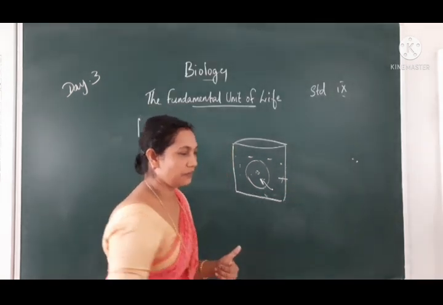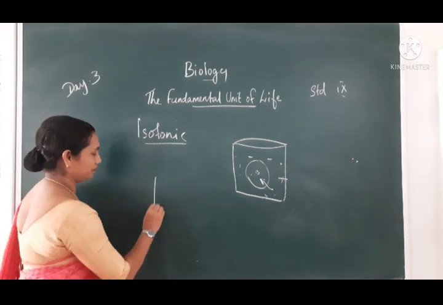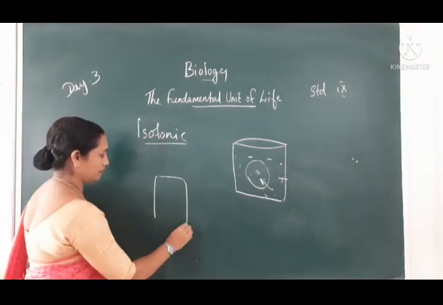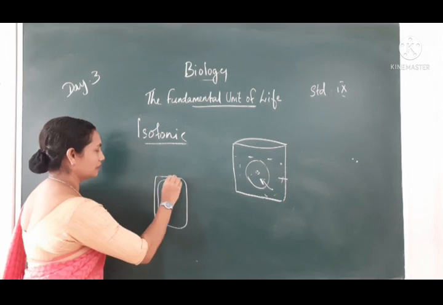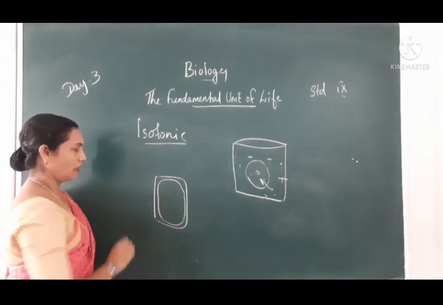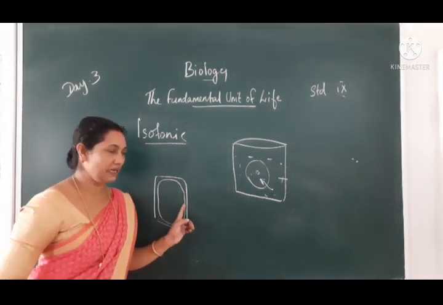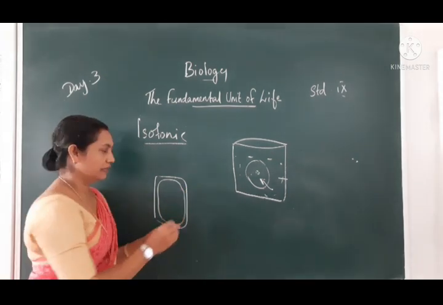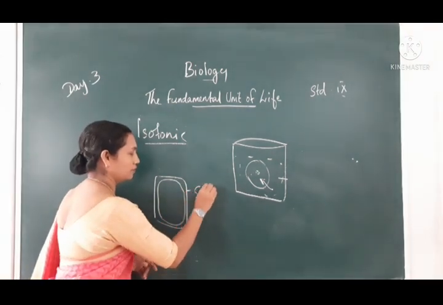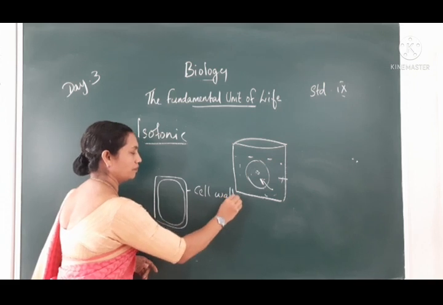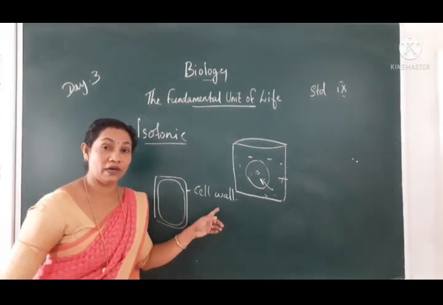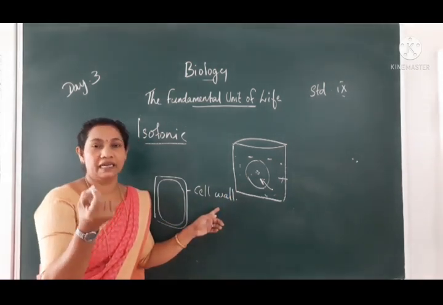In the case of a plant cell, you know that outside the cell membrane there is an additional wall, that is the cell wall. And this cell wall is very rigid in nature.